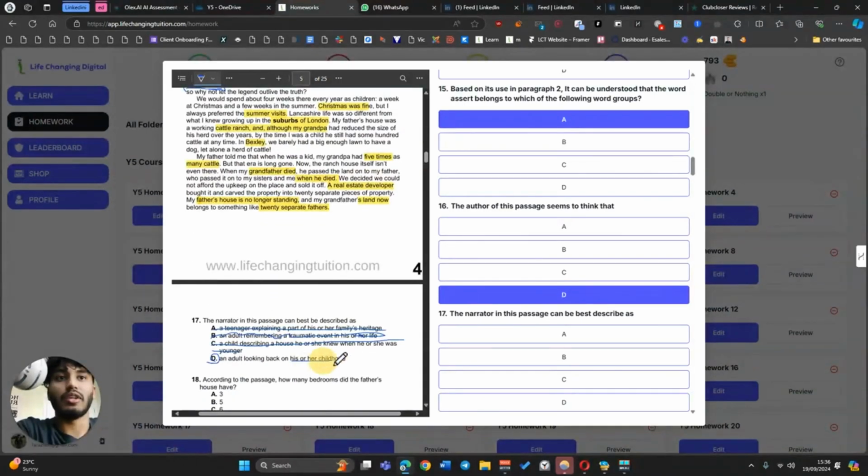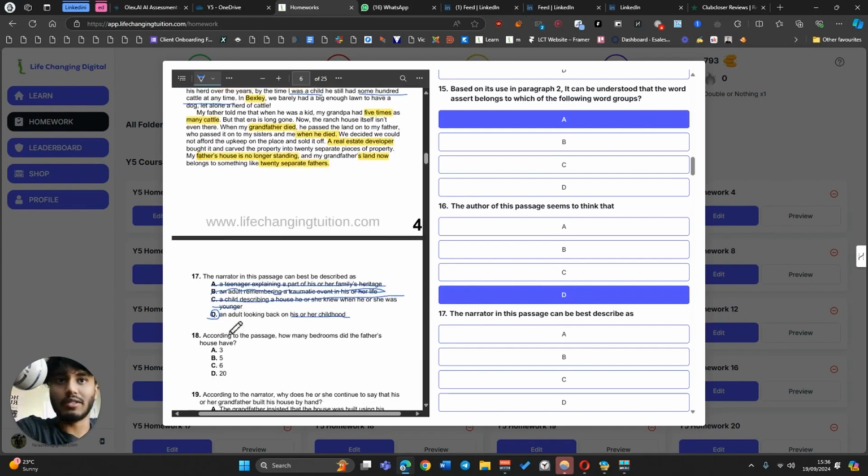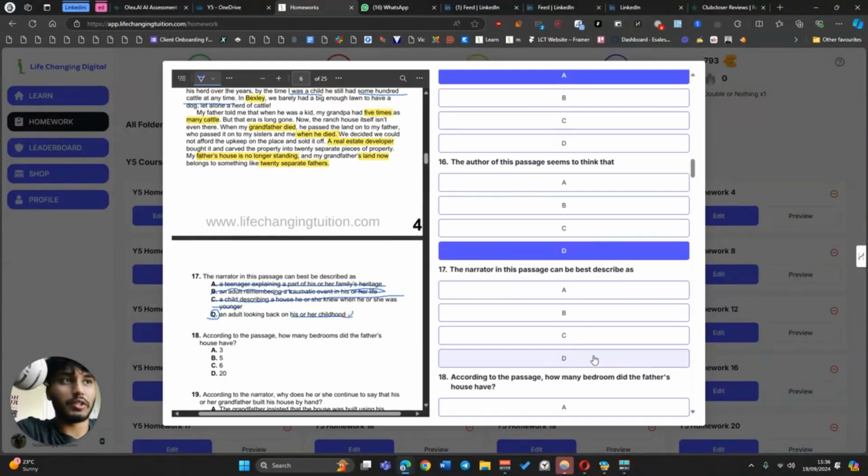When it says looking back on his or her childhood, basically when he was a child, he used to get told things about his grandpa building that house. And let me look at some other sections in the passage. Again, you can see I was a child, right? And he's got some memories of the actual house. And yeah, that's pretty much why the answer here is going to be D.